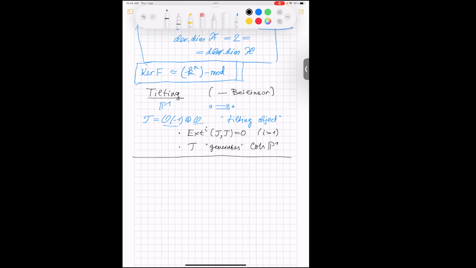Then, this is general nonsense, a general theory of triangulated categories. It implies that the derived category of coherent sheaves over P1 is equivalent to the derived category of the algebra of endomorphisms of T, or better, often the opposite.